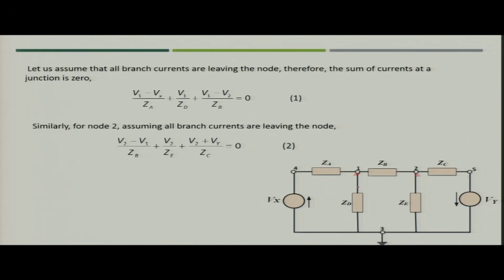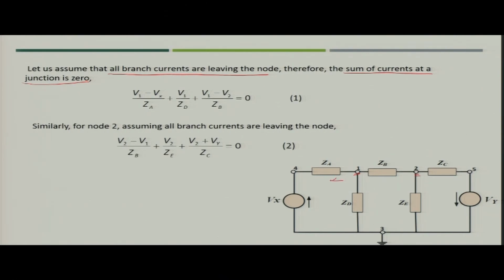Now, let us take the first node, that is node 1. If you see node 1, you can assume that all branch currents are leaving the node. So, as per Kirchhoff current law, the sum of the currents at that junction would be 0.